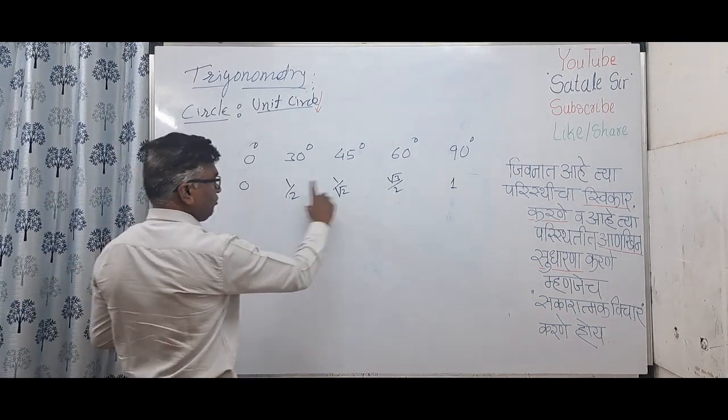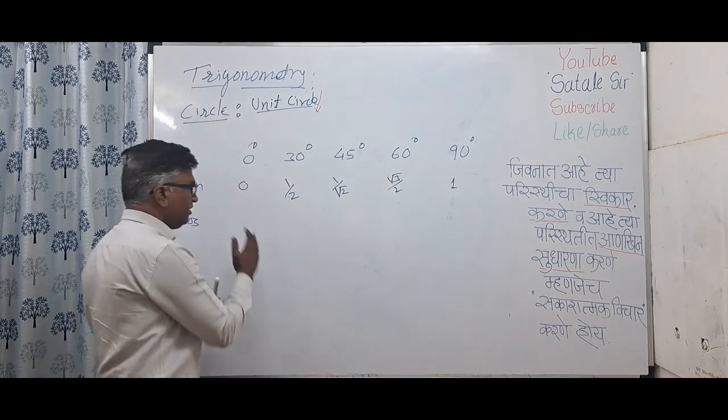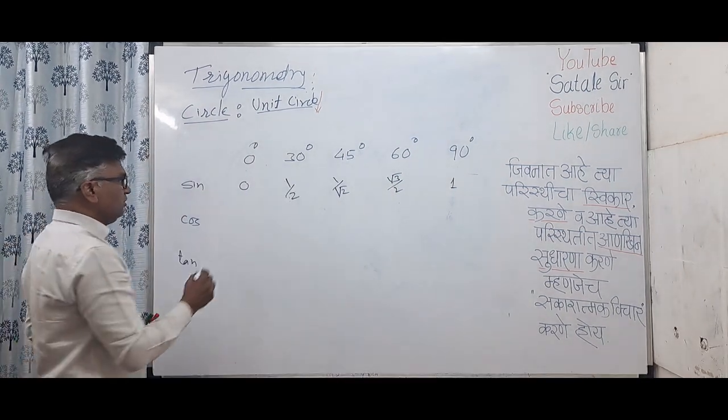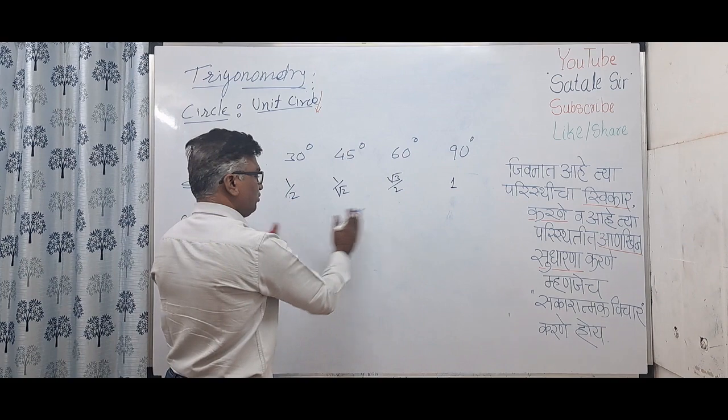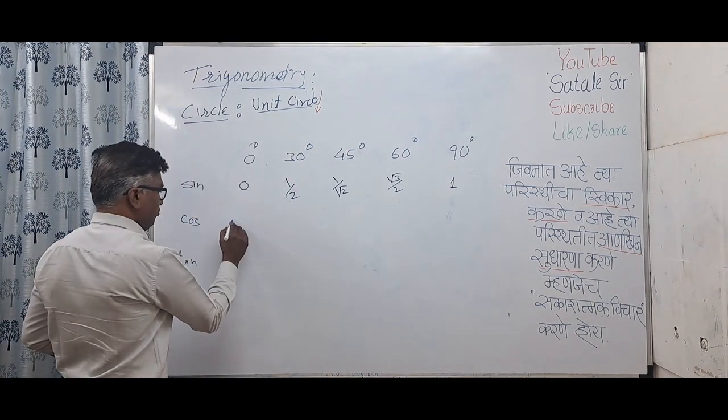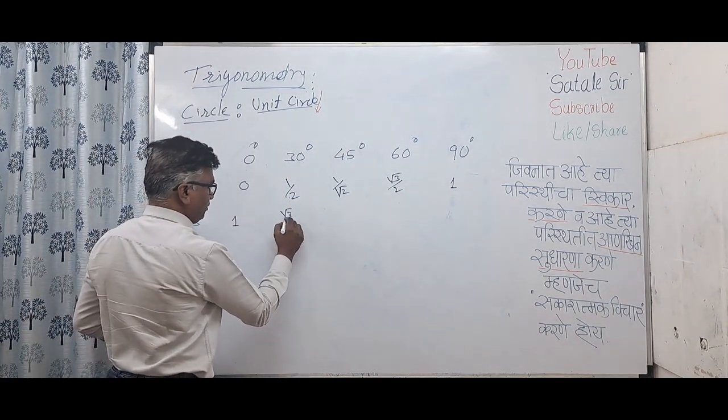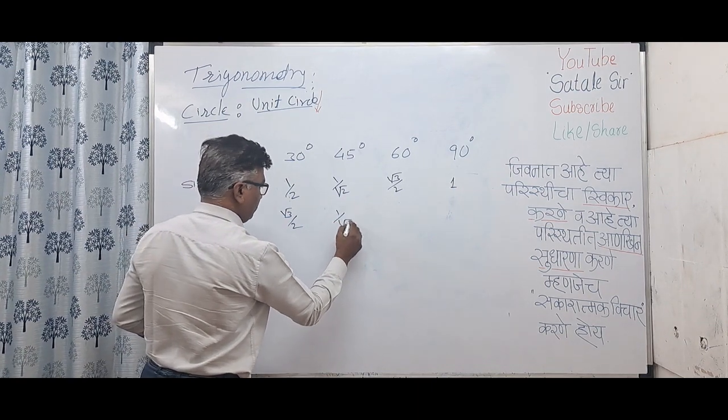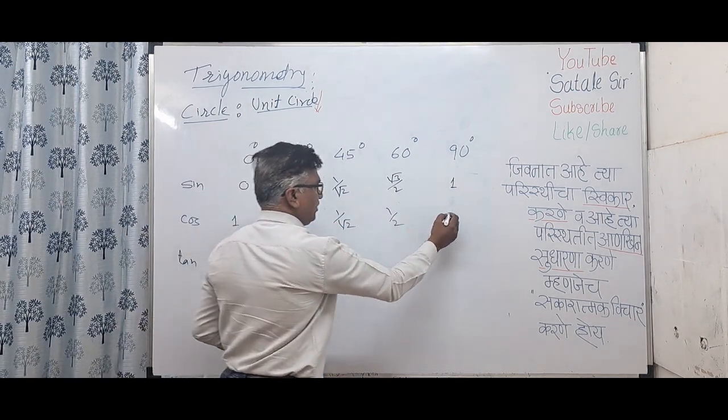Now whatever figures I have got here, I am writing all of them in the reverse direction. We were writing in this direction, now I am going to write in this direction. So it will be 1 here, root 3 by 2 here, 1 by root 2 here, and you will get 1 by 2 and 0 here.